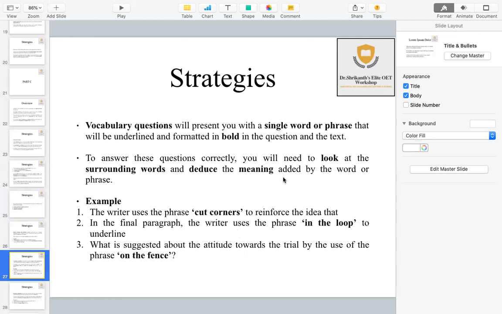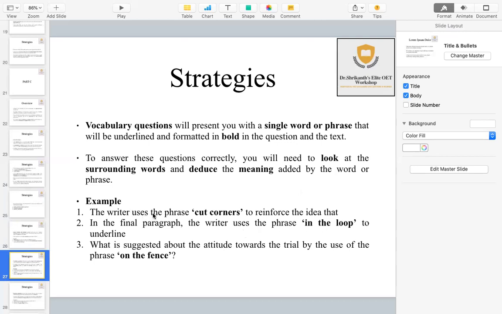To answer these questions correctly, you need to look at the surrounding words and deduce the meaning added by the word or phrase. So what do these words, which you can call idioms, actually mean? Or what is the message that this specific phrase wants to convey to us?